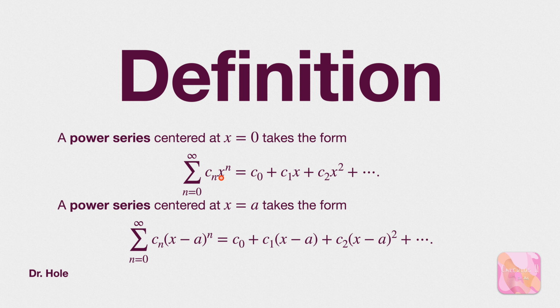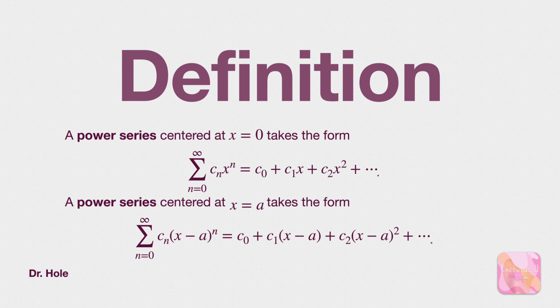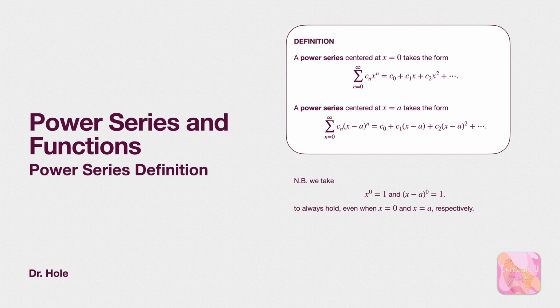We simply swap out the x for the binomial x minus a. So in power series notation, here's how it would look on the left, and here's how it would look as a sum of terms explicitly written out.